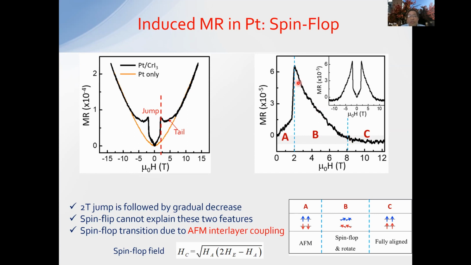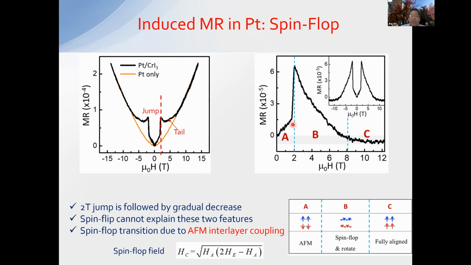Okay, so these 2 features, the jump and this gradual change, cannot be simply explained by a spin flip of an antiferromagnetic, one of the anti-coupled layers switching, right? For one reason, a 180-degree switch, the magnetoresistance cannot sense unless there's some unusual unidirectional MR involved, which we don't think so in this case.